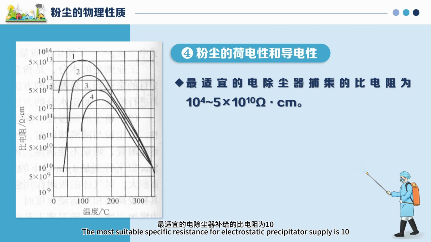The most suitable specific resistance for an electrostatic precipitator is 10 to the power of 4 to 5 times 10 to the power of 10 ohm centimeters.